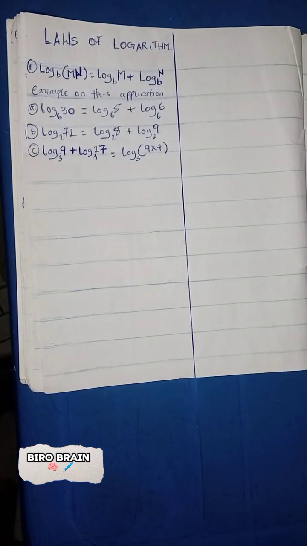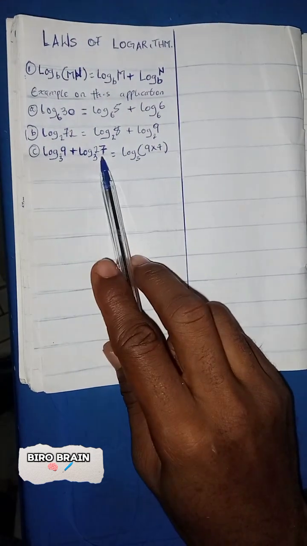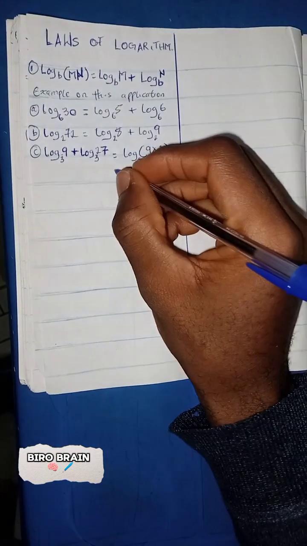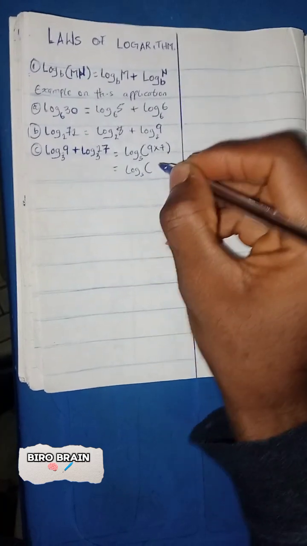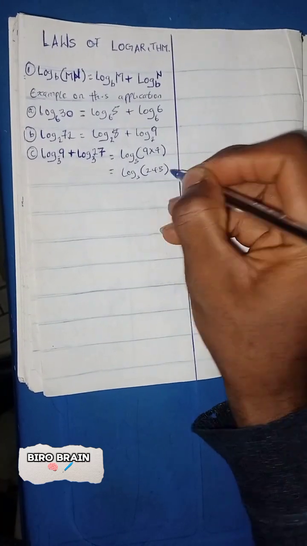This is how you do it if they are in the same base. Note that it's only if they are in the same base. This would give us 243.